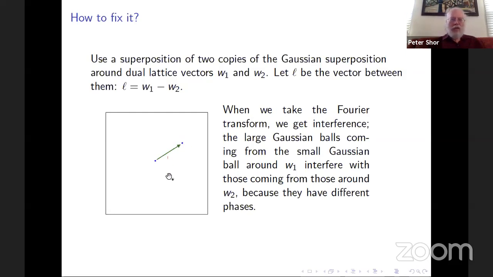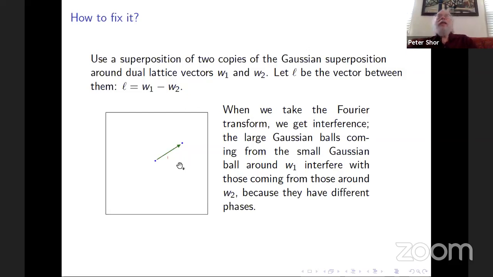And now, when the counterfeiter produces these points which differ by L prime, again, the money is not just one of these pairs, but many, many copies of these pairs, each with two different small Gaussian balls differing by L.